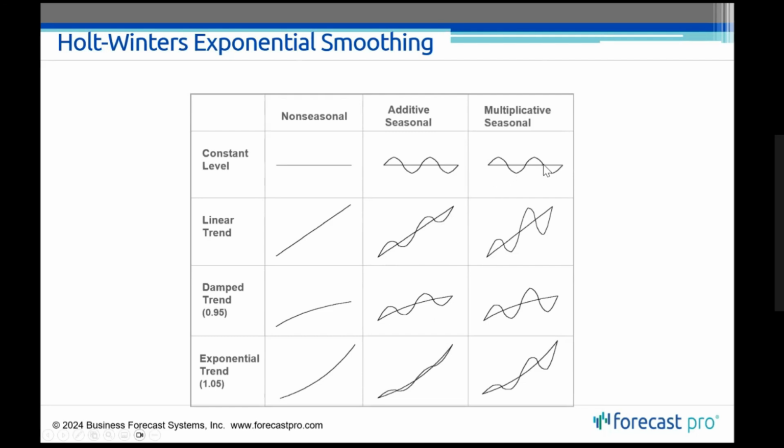Okay. Some of these models have names. So I mentioned that exponential smoothing is a family of models. The 12 models that are on the screen is often called the Holt-Winters family of exponential smoothing models. And there was a very good researcher named Everett Gardner. He was a forecaster for the Navy.